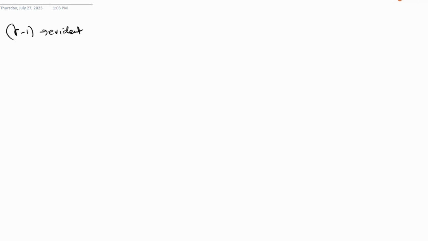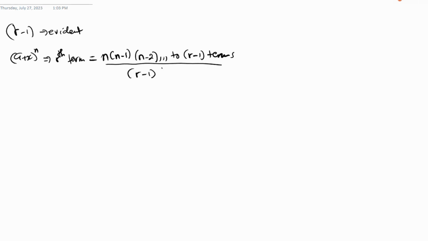It may therefore be reasoned that the rth term is given by n into n minus 1, n minus 2, up to r minus 1 terms, divided by r minus 1 factorial, multiplied by a power n minus r minus 1, times x power r minus 1.